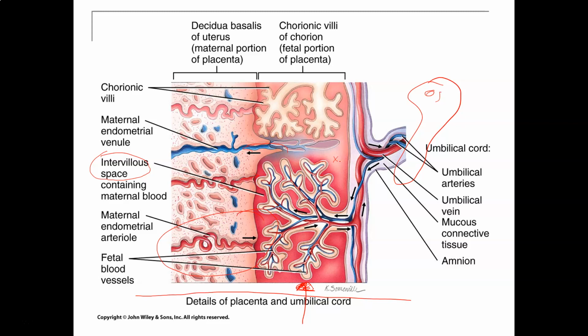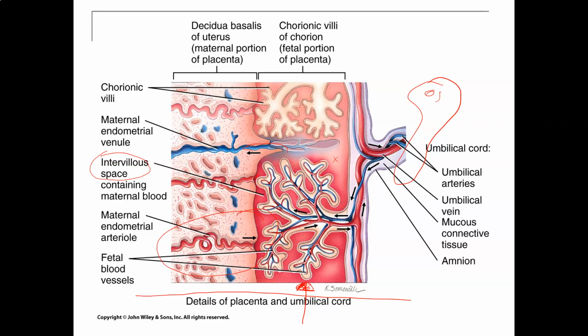So nutrients in the mother's blood, like glucose and amino acids, can diffuse across the placenta into the baby's blood, and then that nutrient-rich blood will be carried back to the baby.